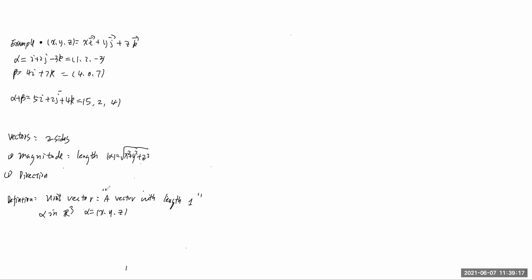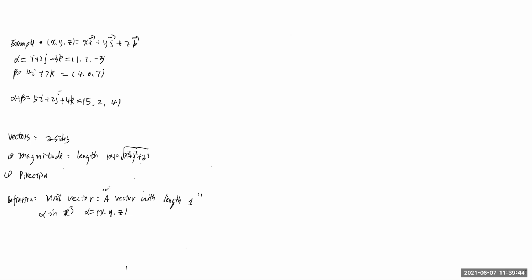It means that the length is 1. If a vector's length is 1, we call it a unit vector. But not every vector is a unit vector, right? So for any vector, how can we find a vector which has the same direction as this vector, but the length is 1? So the method is like this.